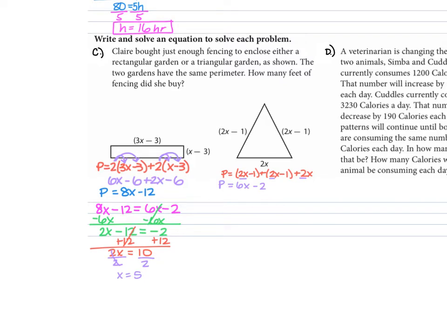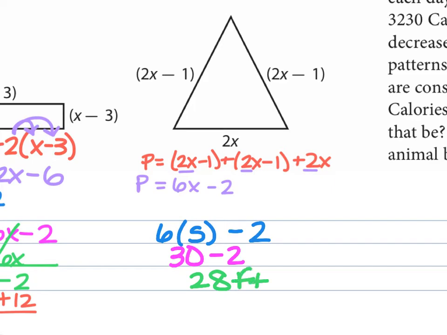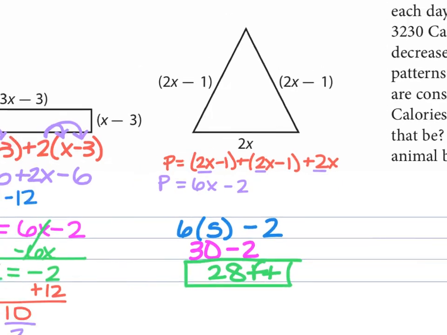If you plug it in, let's say to the triangle, we do 6 times 5 minus 2. That's going to give me 30 minus 2, and that's 28. So she bought 28 feet of fencing.